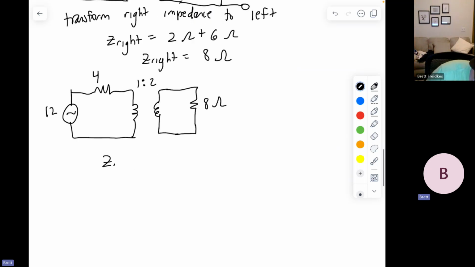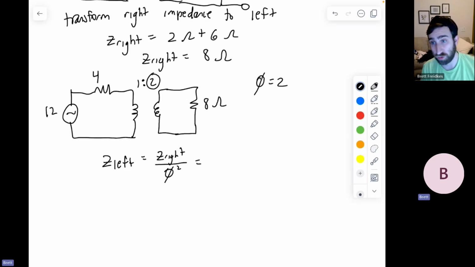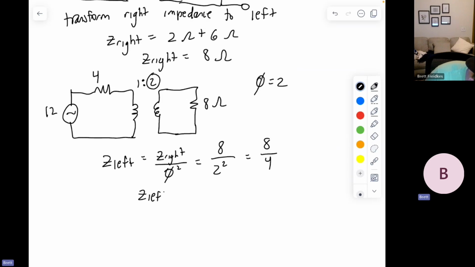That means that Z left, I'm confusing my rights and lefts, will be Z right divided by phi squared. In this example, phi is equal to 2 based on that 2. So Z left will be 8 divided by 2 squared, which is 8 divided by 4. Therefore, Z left is going to be equal to 2 ohms.